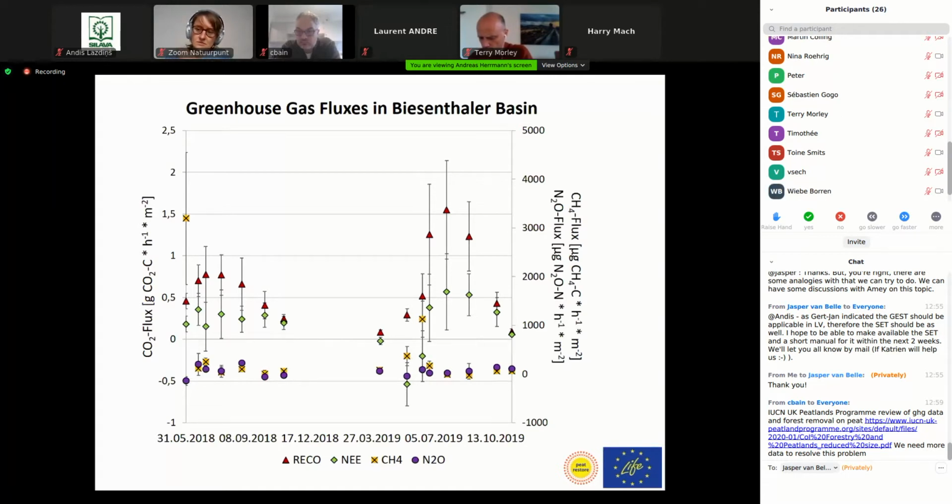hopefully fine enough or good enough to prepare a kind of new emission factor for our project sites that are not included in the gas catalog.